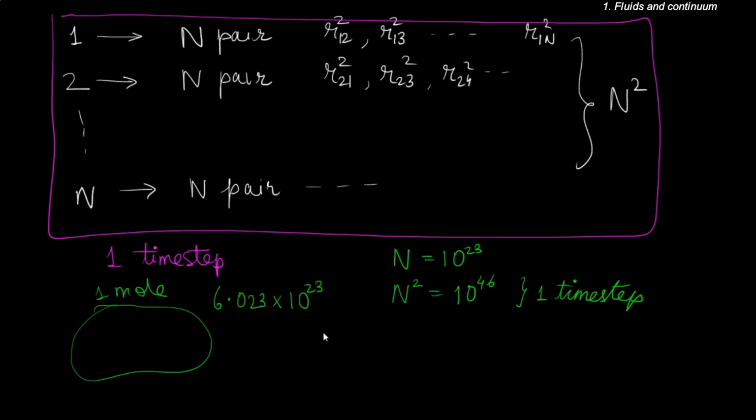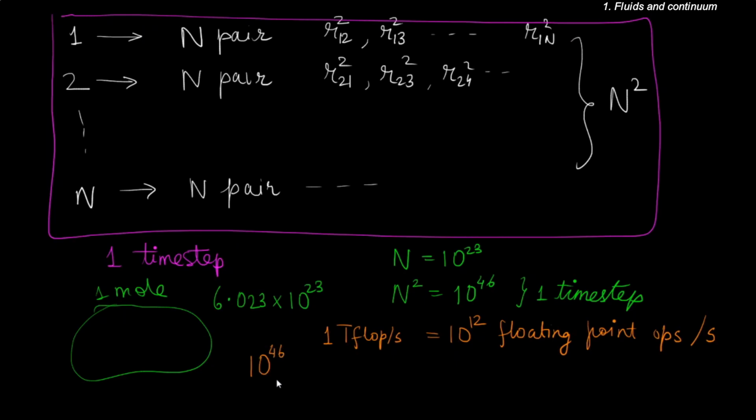Consider a good computer which has, say, 1 teraflop per second, meaning it can do 10 to the power 12 floating point operations per second. This means that in order to do the calculation for 10 to the power 46 operations, we will require 10 to the power 46 divided by 10 to the power 12 seconds.